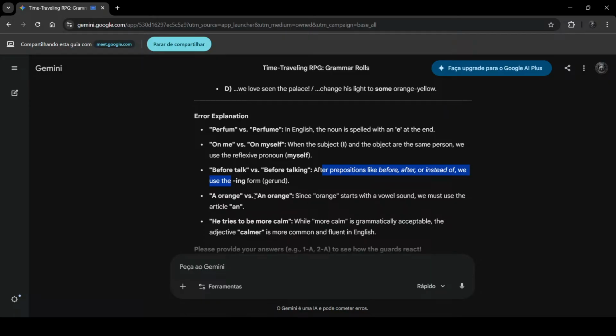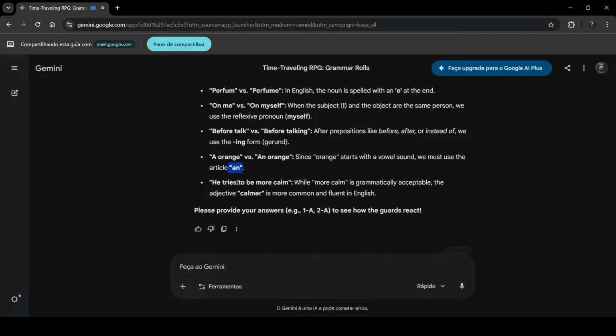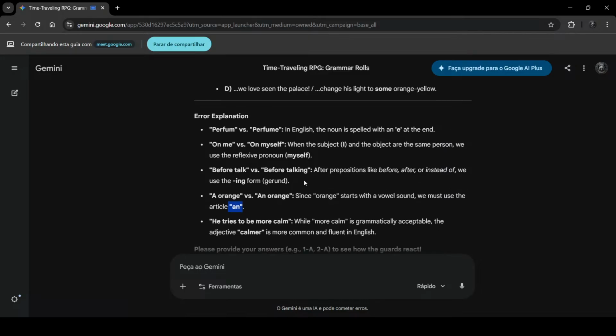Okay. Orange versus an orange. Since orange starts with a vowel sound, this is very important, vowel sound. In my videos, The Music of English, I will talk a lot about these things. We must use the article an because it has a vowel sound. It's better to say an orange.